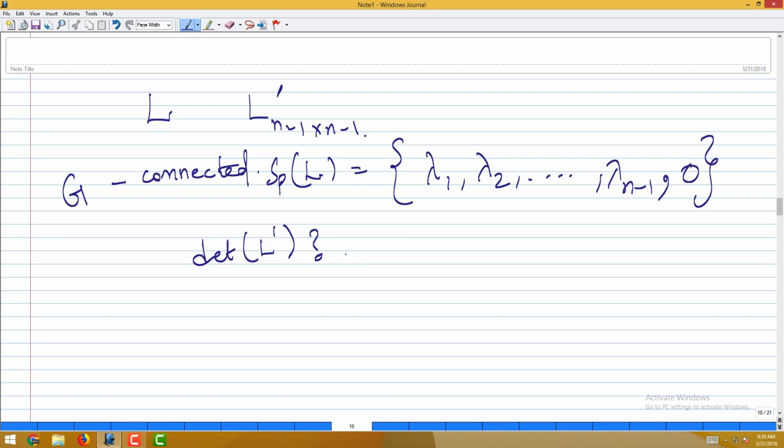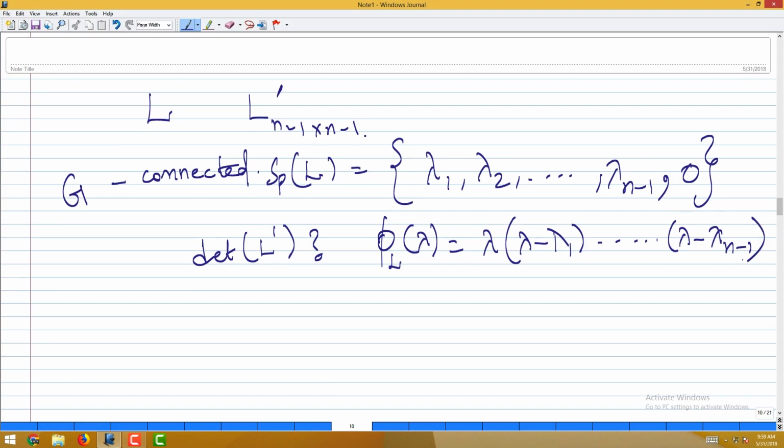I always find an easy route to solve certain things, not dirty my hands. So, I will just tell you here. If we are talking about this phi L of lambda as my polynomial, what will be the characteristic polynomial right from here? Lambda into lambda minus lambda 1 and so on, lambda minus lambda n minus 1.